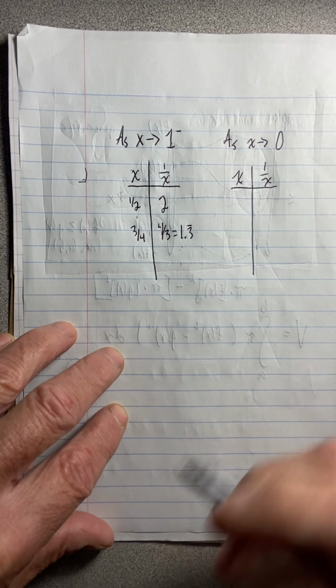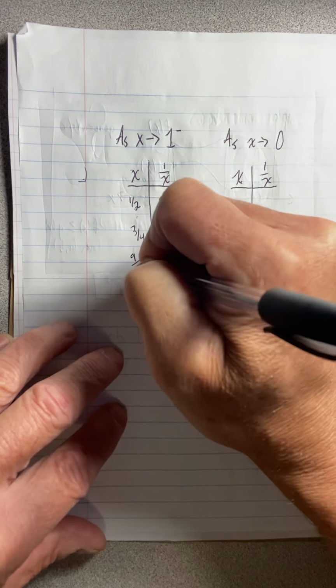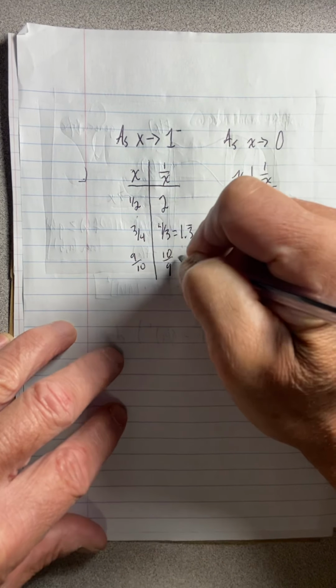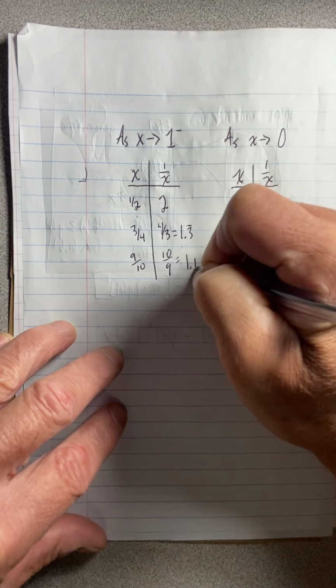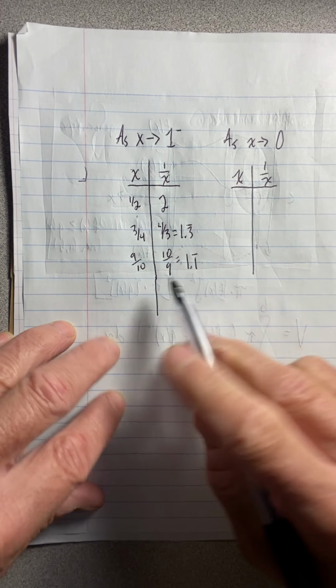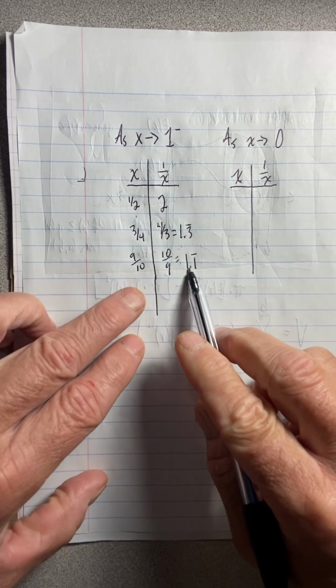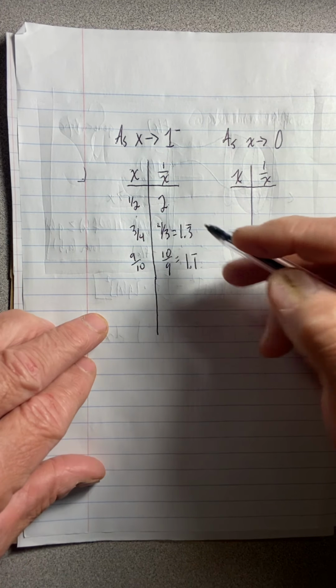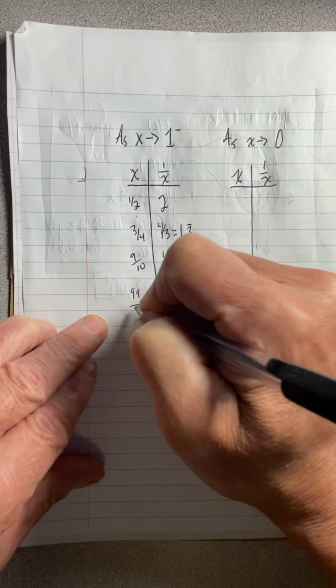Okay, let's get even closer, like 9/10. What happens there? Well, I get 10/9, and that is 1.1, and the 1 repeats forever. So notice I'm still getting close to 1. This side's getting close to 1, the reciprocal's getting close to 1. So I was at 2, now I'm at 1.1, much closer to 1. Well, what if I did 99 hundredths?